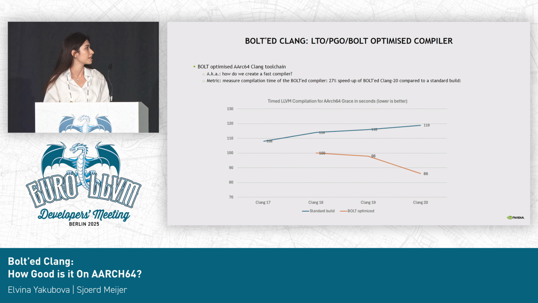The blue line here means the original stage 1 Clang build, and the orange line means the Clang build optimized by the LTO-PGO-BOLT pipeline. As you can see from the graph, the difference is around 12–15% for Clang 18 and 19, but with the release of the latest version, the speedup is 27%.